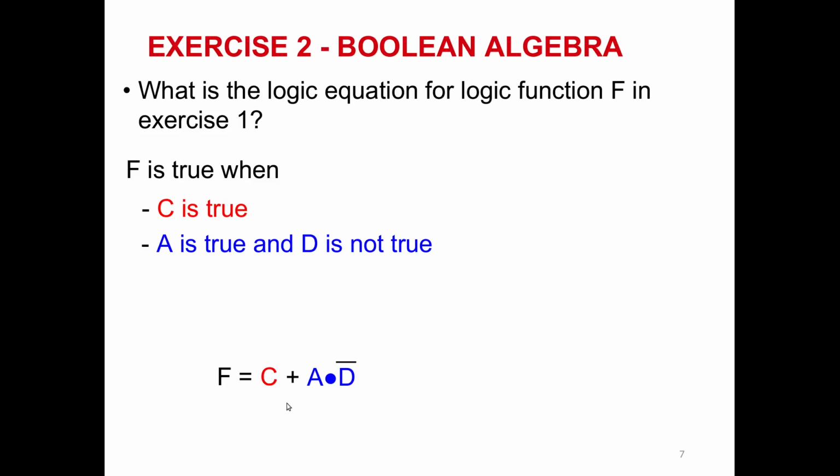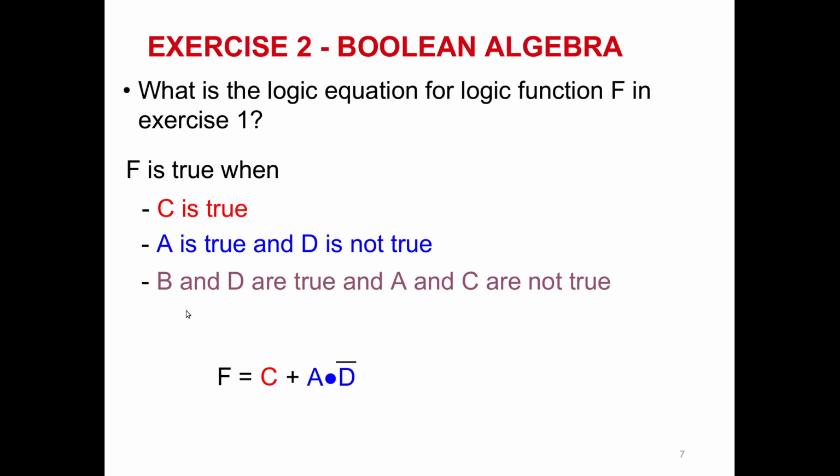The third condition is f is true when b and d are true and a and c are not true. This means that b and d will be 1, a and c will be 0, making f true.